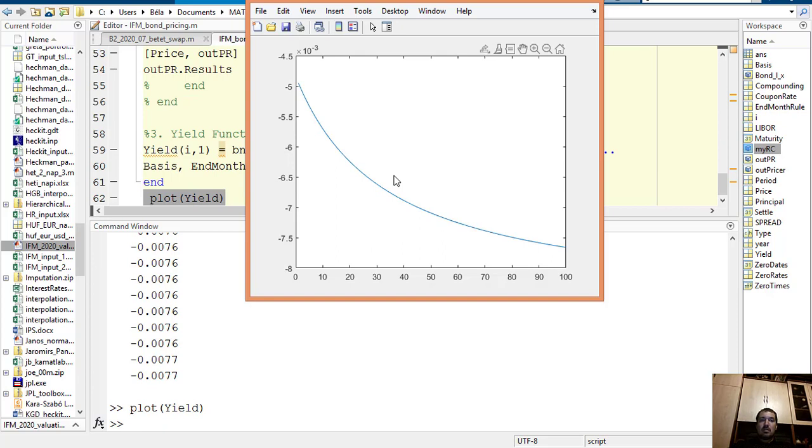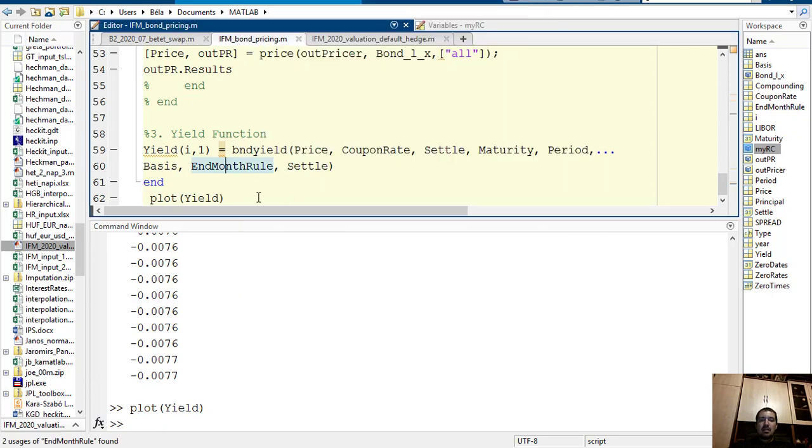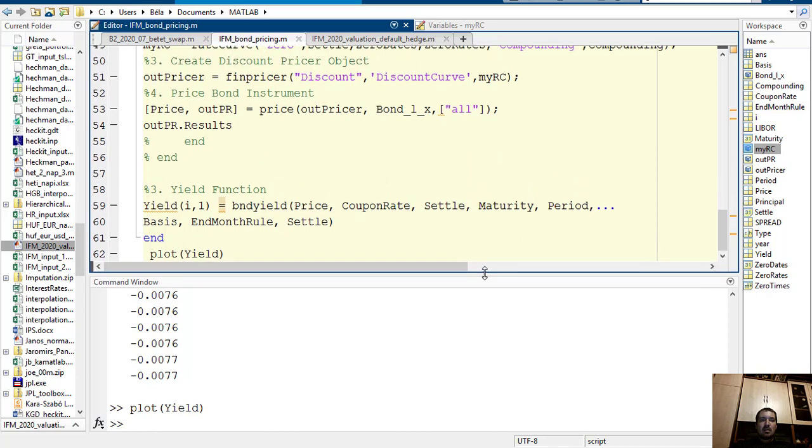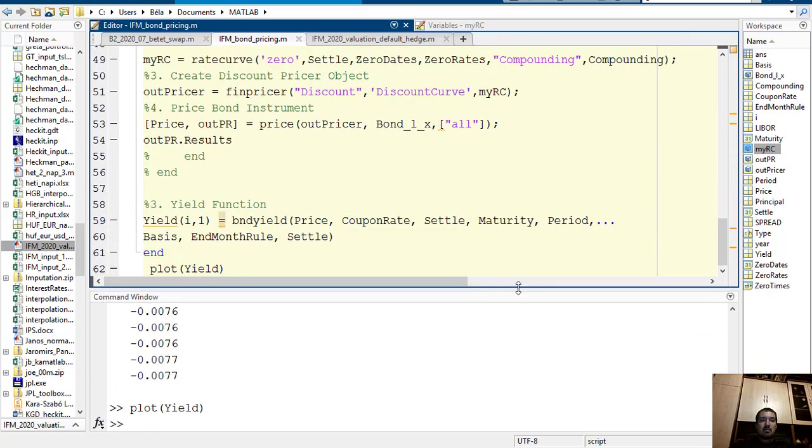Wow, surprise. Actually, it's highly impossible to step out from this negative level. Because of pricing. Okay.